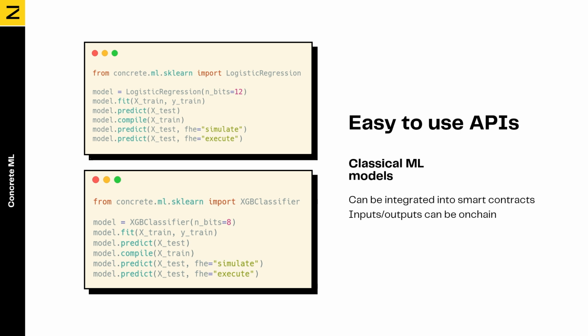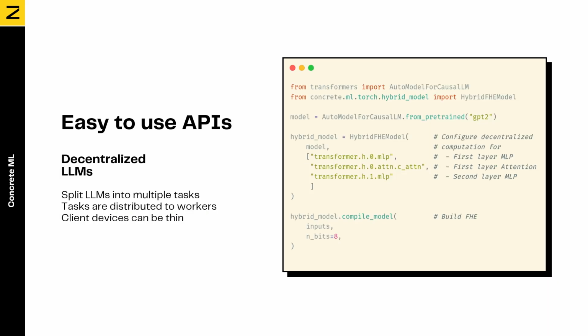When you're working in a client-server approach or in a decentralized approach, you want to split those stages so they are executed on different machines. So for LLMs, for example, we execute different parts of the model on the client machine, on the server machine, or on worker nodes in a decentralized network.